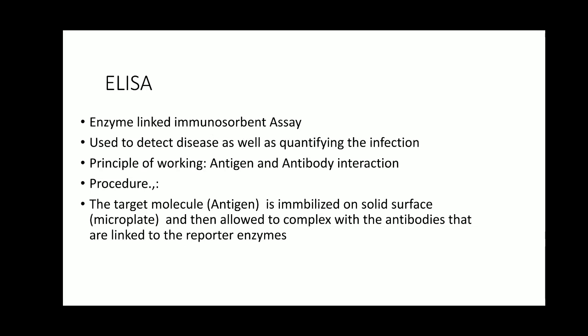Once the antigen is produced in the body, in response to it the specific antibodies are also produced. So you can either detect the antigen or the antibody through this ELISA test. The reactants could be antigen or antibody.